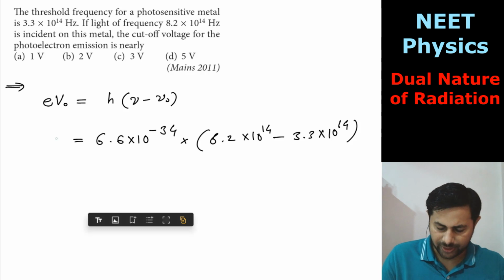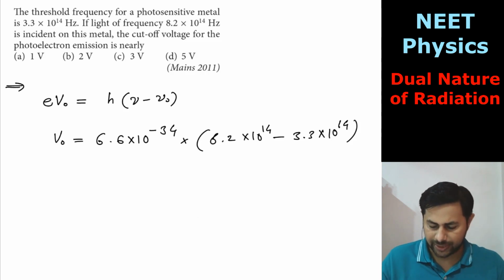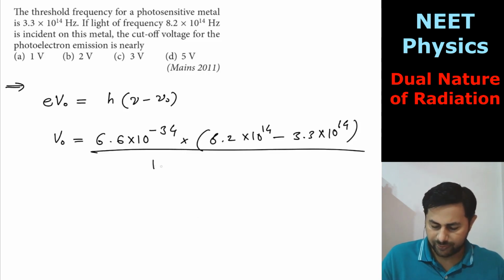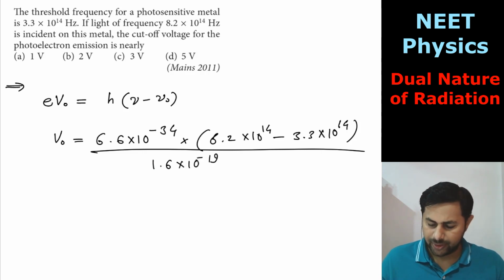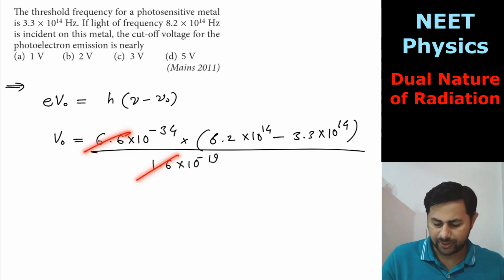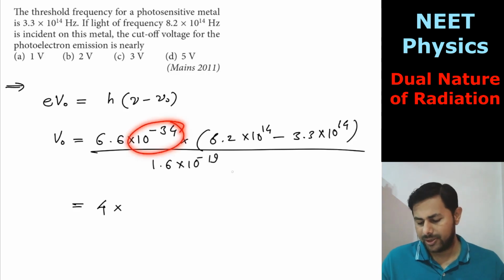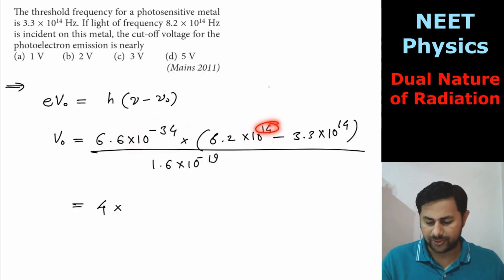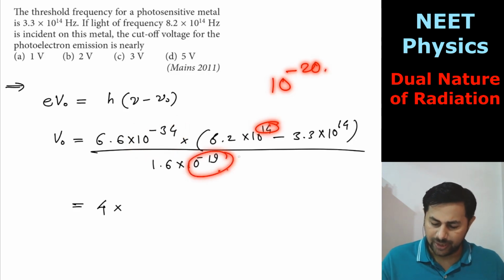You want cutoff voltage only, so V naught would be equal to, take E also on that side, so E is 1.6 multiplied by 10 raised to minus 19. Okay, so we can solve it roughly. This thing gives us roughly 4 multiplied by 10 raised to minus 34, and this is plus 14, so it is 10 raised to minus 20. And this is minus 19, so it gets cancelled out, and what remains is 10 raised to minus 1.